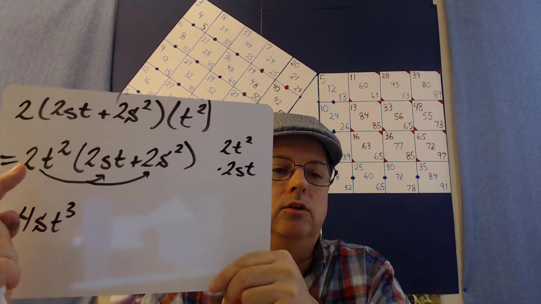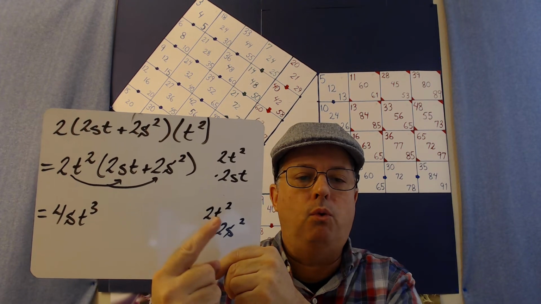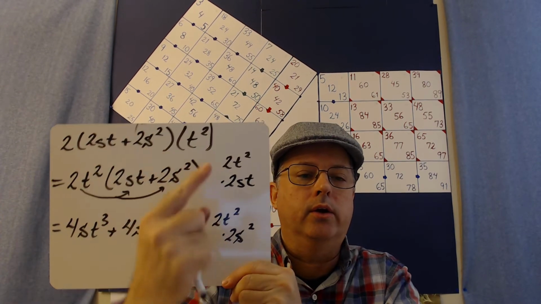And then we want to distribute the 2t squared times the 2s squared. So that's 2t squared times 2s squared. And so that'll give us 2 times 2 is 4s squared t squared. Plus 4s squared t squared. Okay, so that's our expansion here.